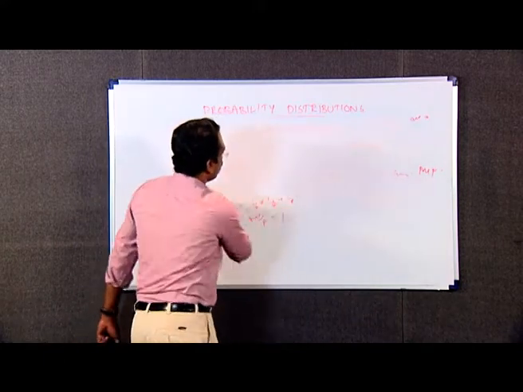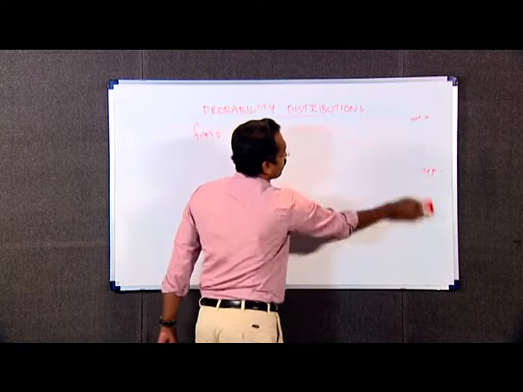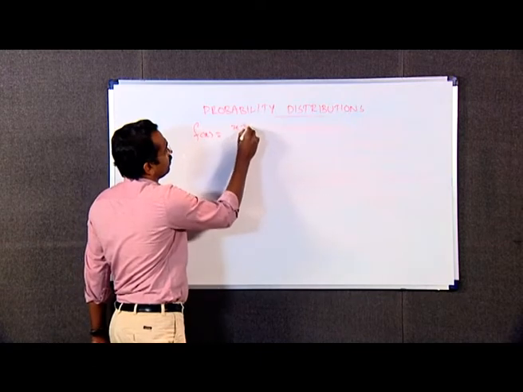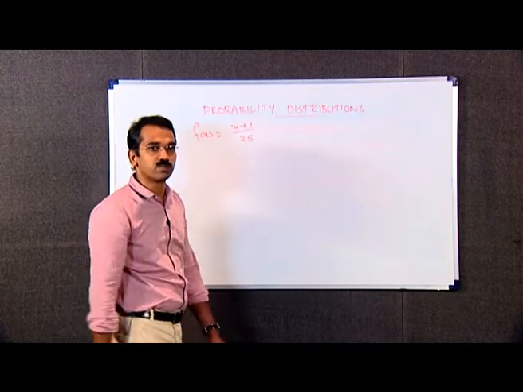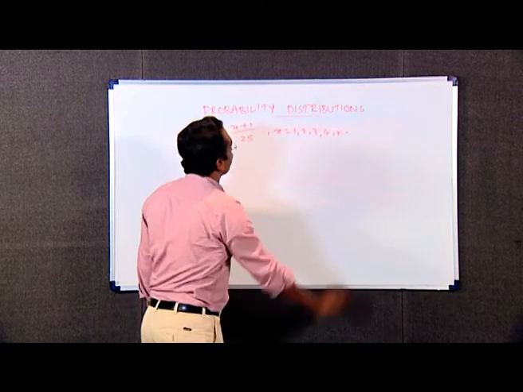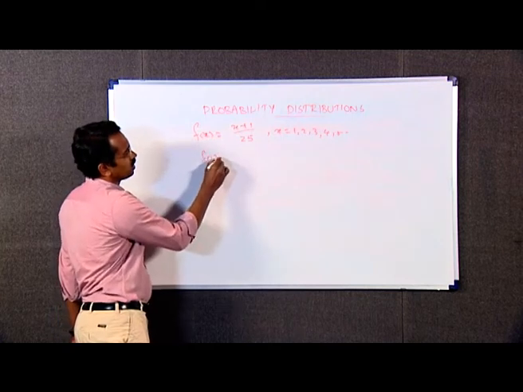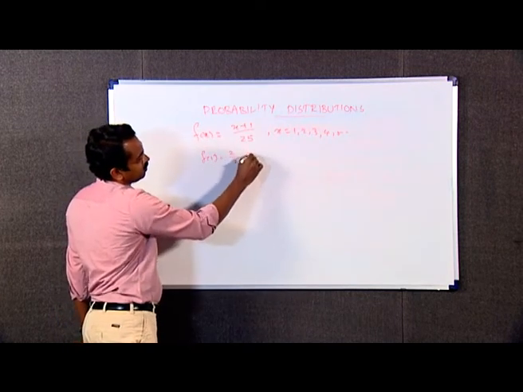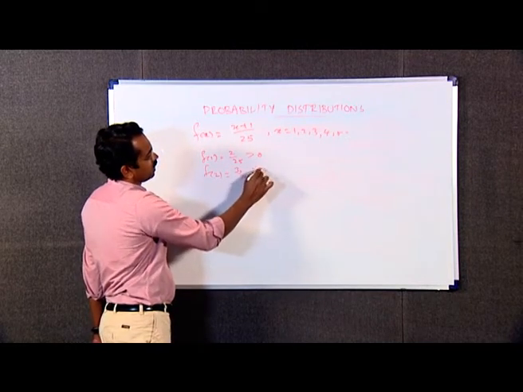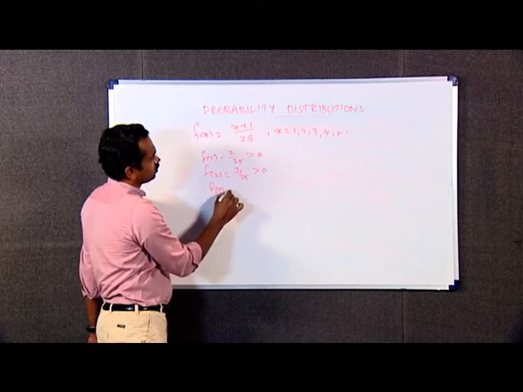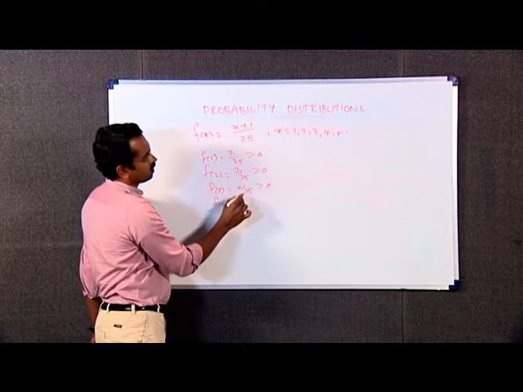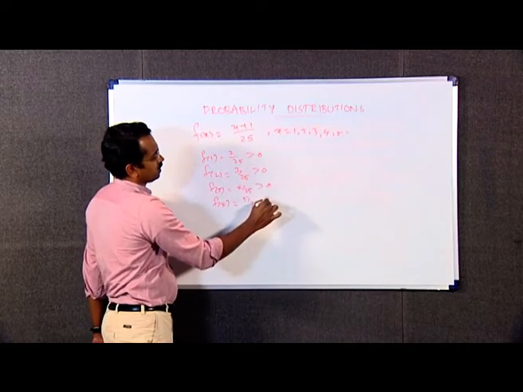Now, consider this example. f of x is equal to (x plus 1) divided by 25 for x equal to 1, 2, 3, 4 and 5. Here f of 1 is equal to 2 by 25, which is greater than 0. f of 2 equal to 3 by 25, greater than 0. f of 3 equal to 4 by 25, greater than 0. f of 4 is equal to 5 by 25, greater than 0.